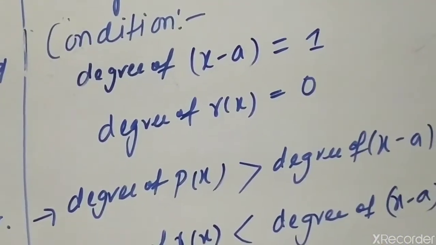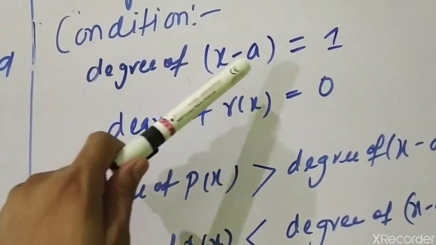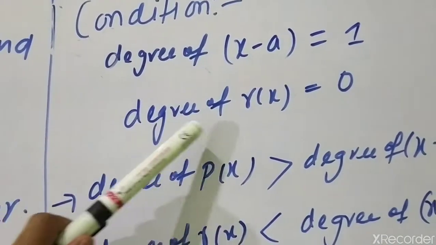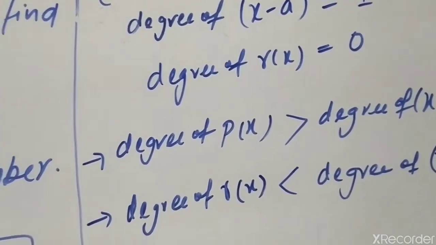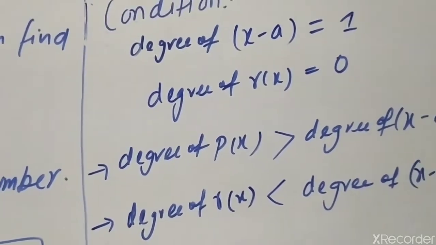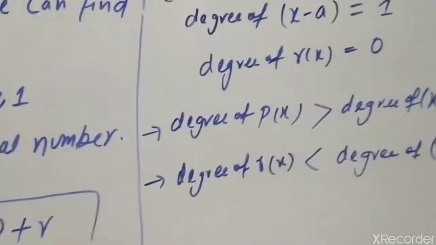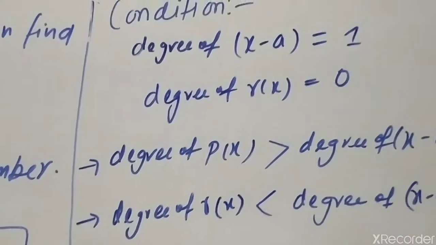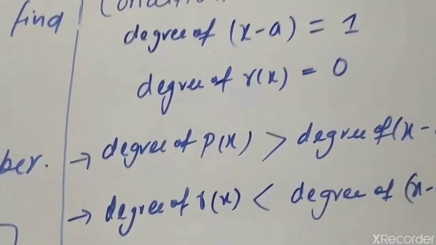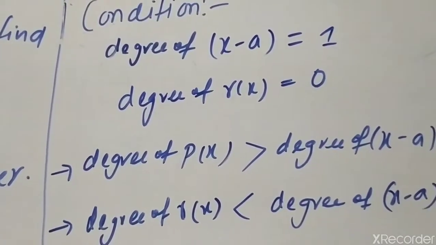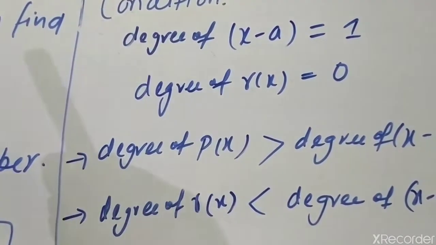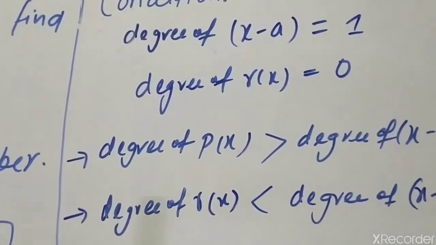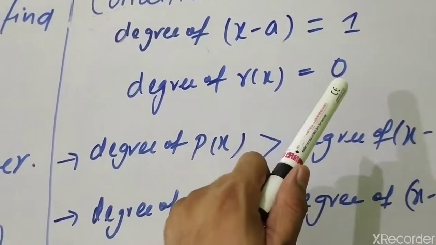And one condition is there. What is the condition? The degree of x minus a equals 1, and the degree of remainder is 0. It means whatever remainder will come may be a constant. You know the degree of a constant is 0. So whatever your result is after calculating the remainder, it should be only a constant value.